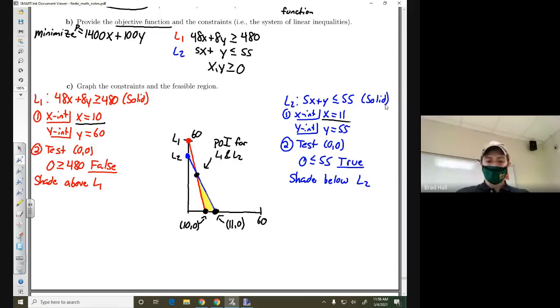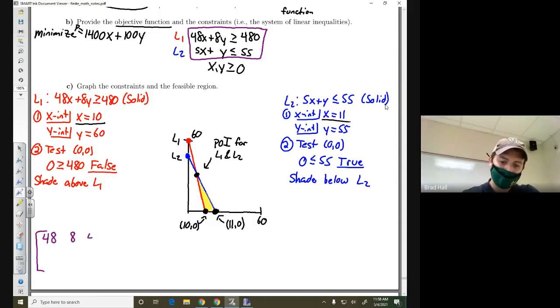a matrix. Matrix is between the 2 lines. So the augmented matrix is 48, 8, 480, 5, 1, and 55.